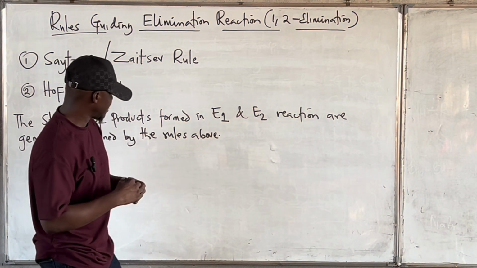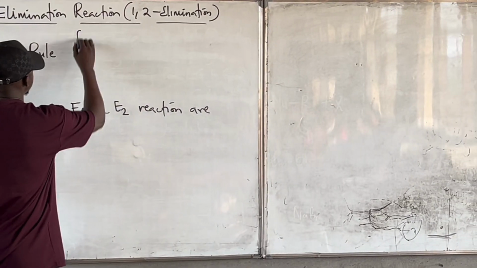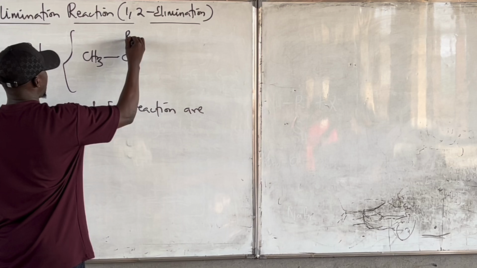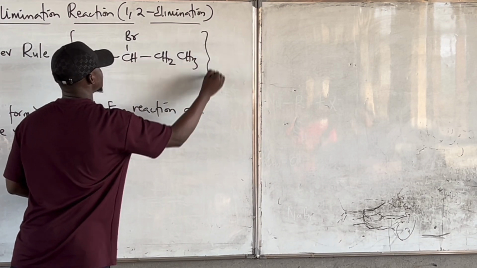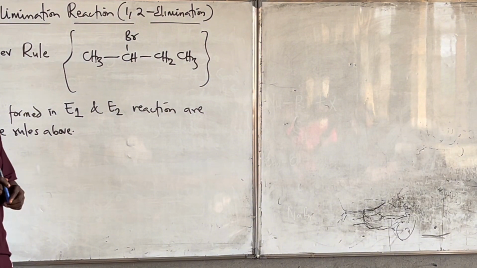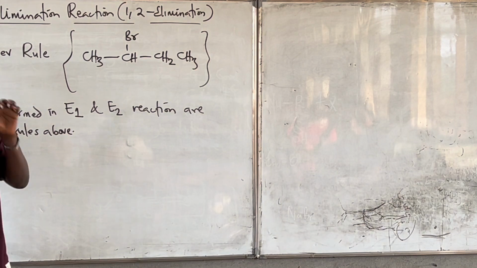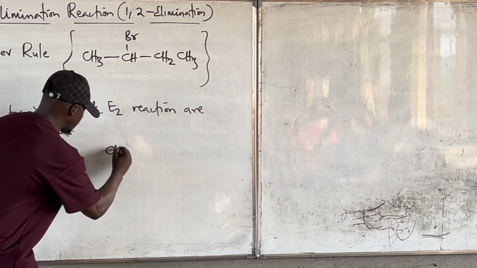Number one condition is that, let's say, for example, I have something like this, CH3, CH, Br, CH2, CH3. Anytime you have two different types of beta carbons and beta hydrogens, that is basically when these two rules are going to be applied. You cannot apply this rule if you have a substrate like this.